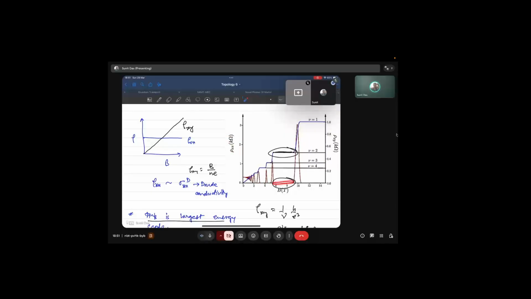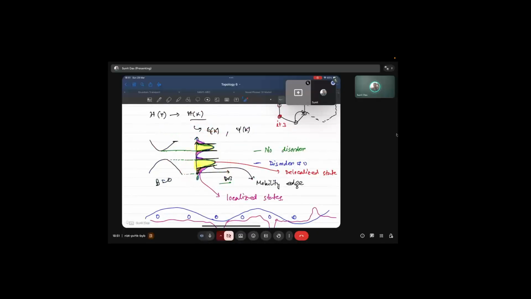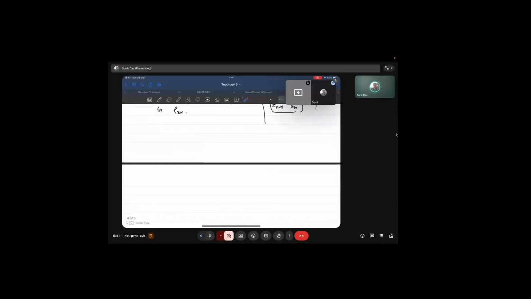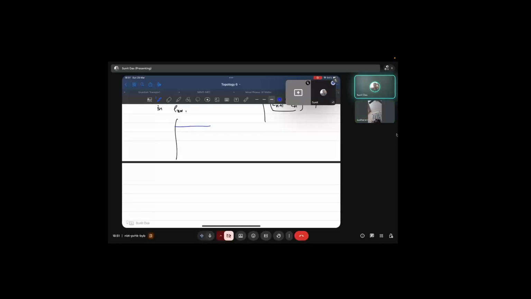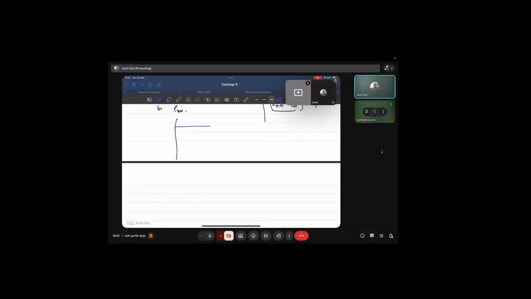Now, why is this zero? To understand this, this picture is going to be very useful, so I am showing you the magnified picture. Imagine you have a Landau level here, and this kind of density of states, and you have another Landau level here.